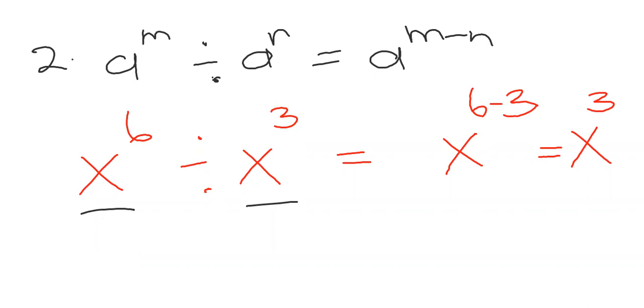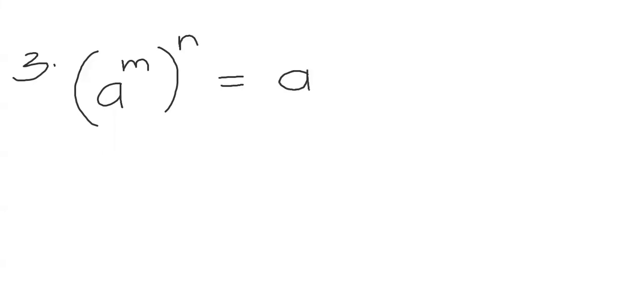Then the third rule says, if you have a to the power m and then everything is raised to the power n, then you're going to get a to the power mn. I think we can see now that we have one base.